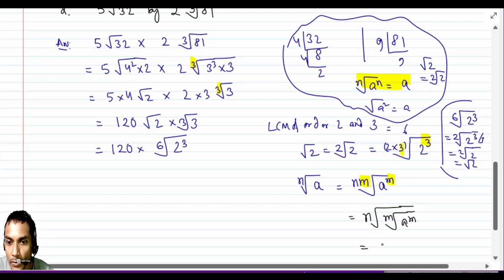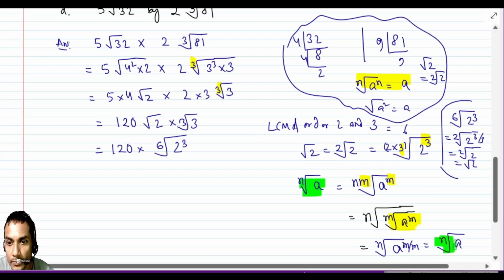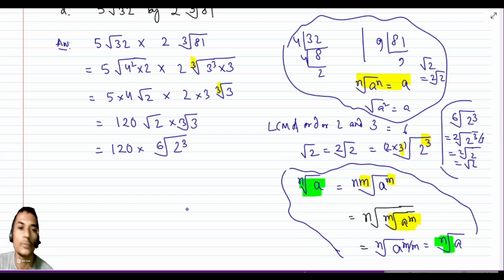Then this thing means n root a to the power m by m is equal to n root a. So we get the same value. Clear? So actually this is the rule. You have to follow this rule, then only it will be easy. Otherwise there is a very high chance of making a mistake.